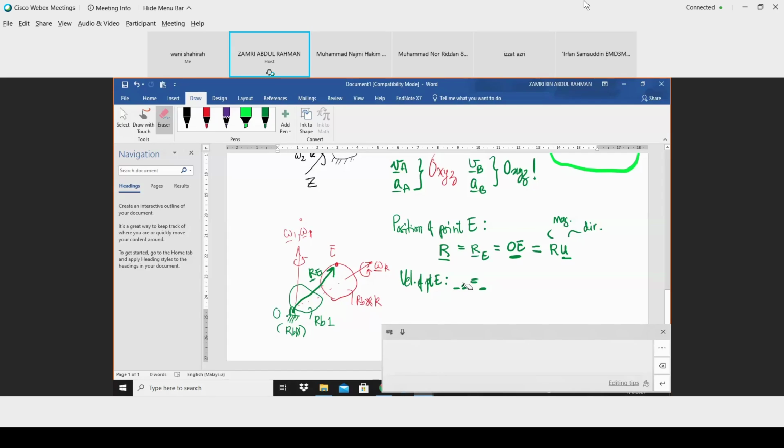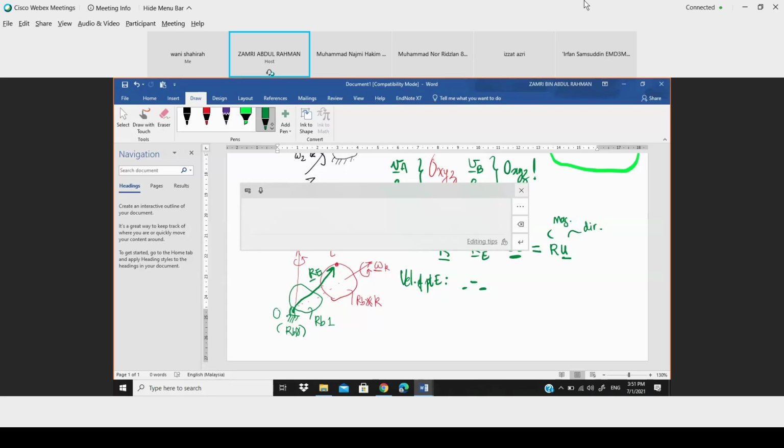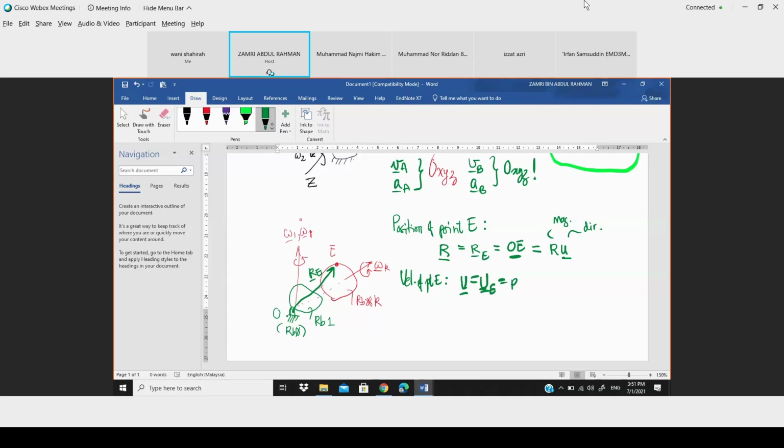It got stuck. Never mind, we just continue. We have V, or this is VE actually, which is simply equal to R dot, or RE dot, which I write here in basic form, which is OE dot.